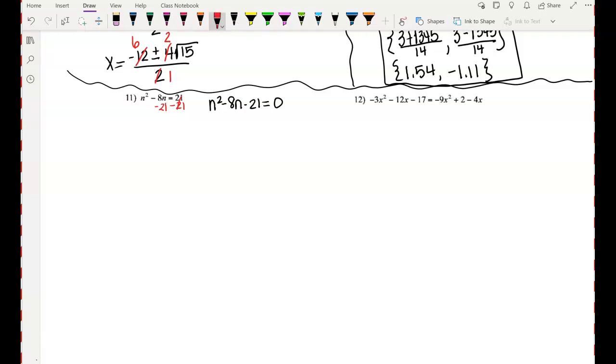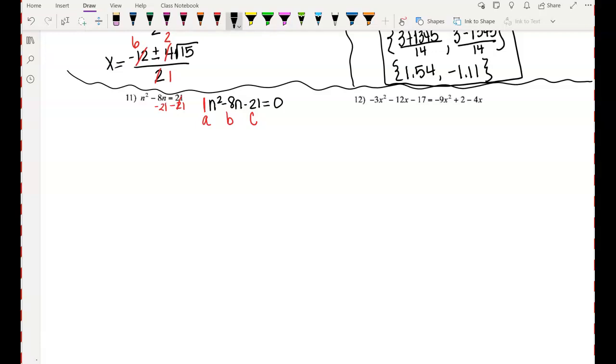So that now I have my A, my B, and my C. And again, because there's nothing in front of that n squared, A is going to be 1, B is going to be negative 8, C is going to be negative 21.